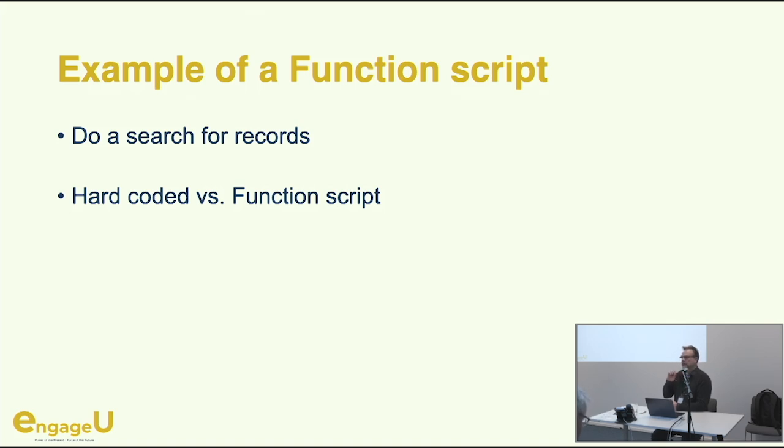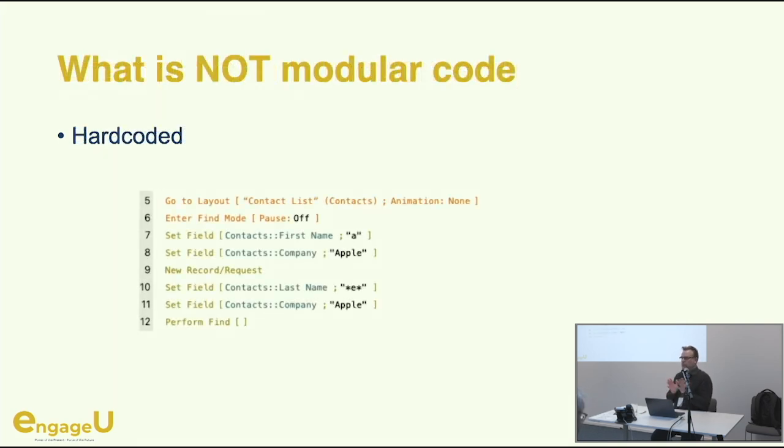So let's just dig into a real example of something that is hard-coded, like you need to do a search, right? This is really hard-coded. It's just a simple example, but we all know this stuff. We have something and we know we need to go and get a found set to work on.